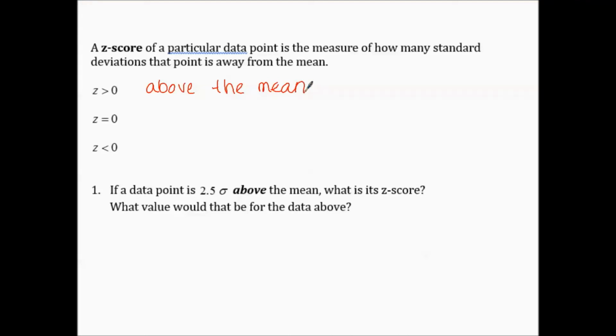If its z-score is equal to 0, that means it is 0 standard deviations from the mean, so that is equal to the mean. And if a data point has a z-score less than 0, then that means it is below the mean.